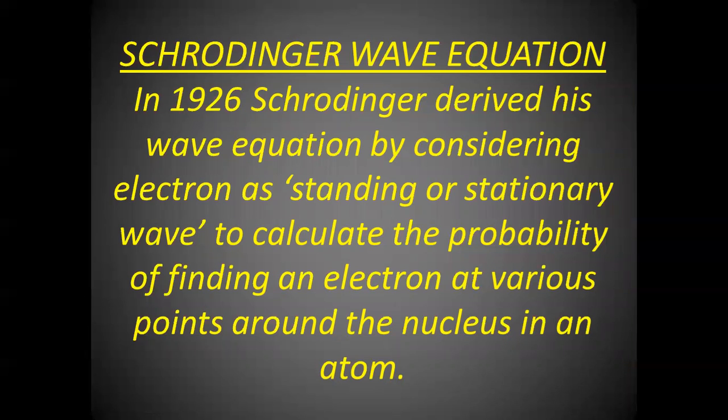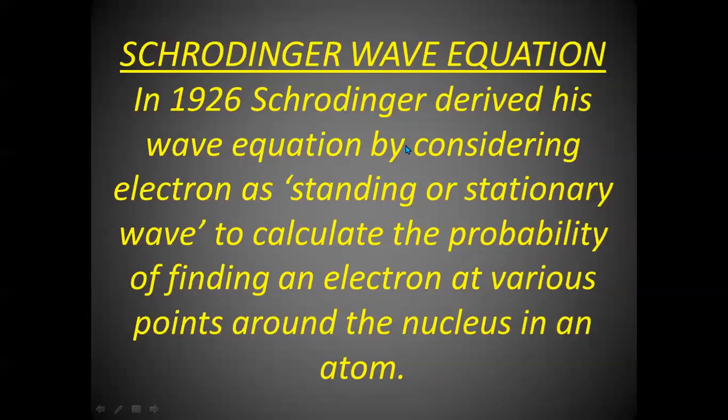Now the next point is the Schrodinger wave equation. All these are occurring nearly at the same time. In 1923, Compton gave the Compton effect. In 1925, the uncertainty principle, de Broglie's uncertainty principle. Now, Schrodinger.